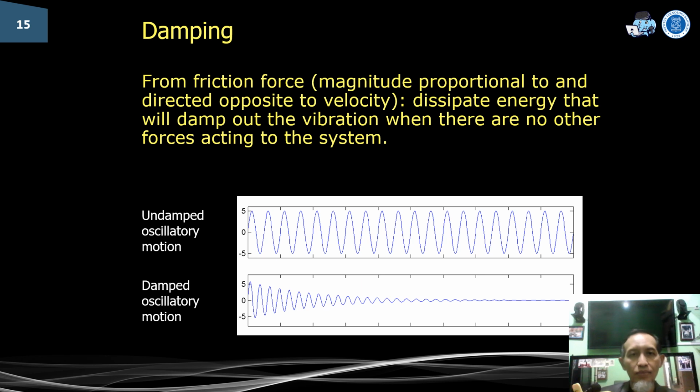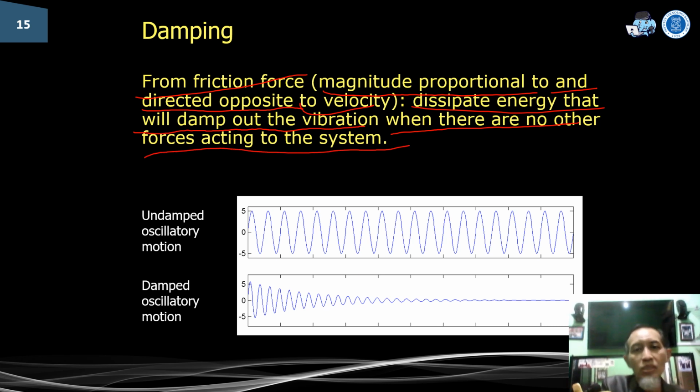Damping comes from friction force, with magnitude proportional to and directed opposite to velocity. It dissipates energy, which will damp out the vibration when there are no other forces acting on the system.